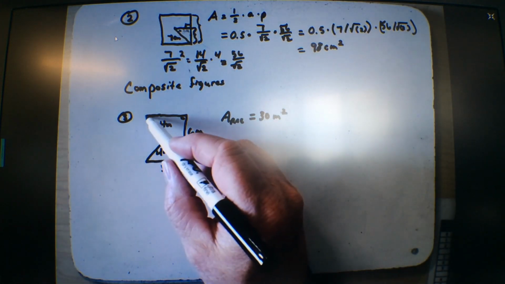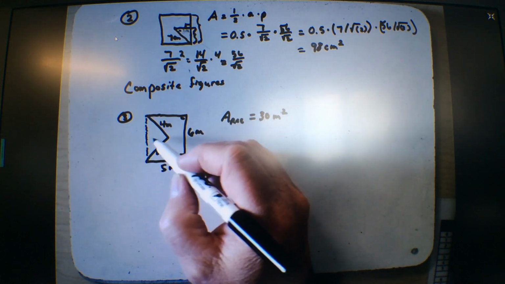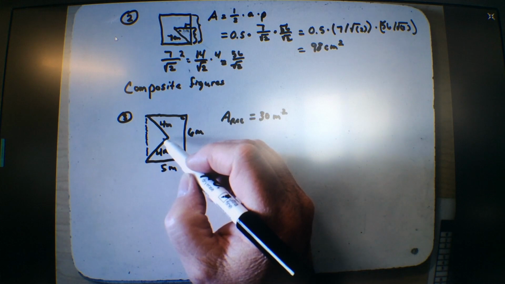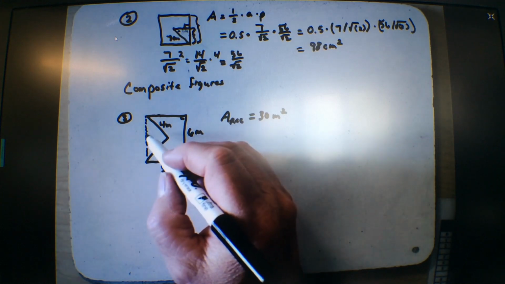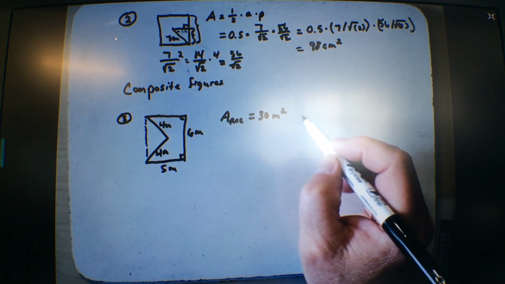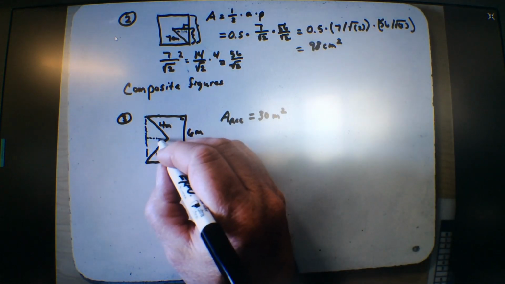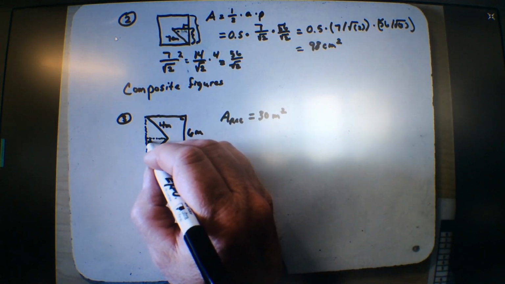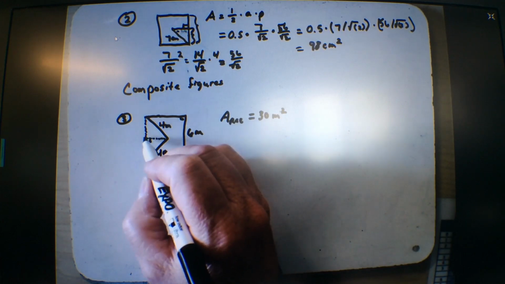Well, what would happen if I finished this and I found the area of this triangle? Then I could just subtract it from the whole rectangle. All right, so take a look at this. If I split this up, this is a right angle. How far is it from here to here? 3.